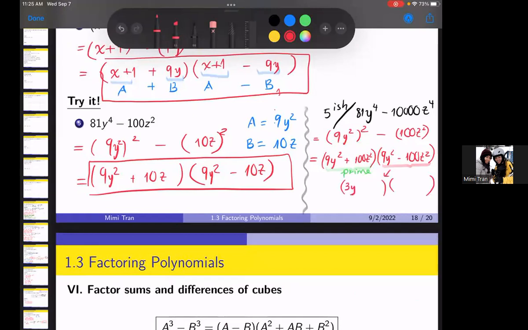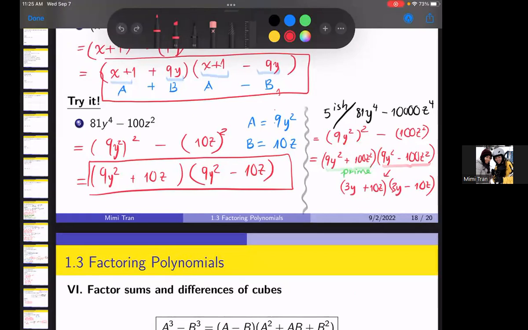Yeah, 3y. So A is 3y. What's B? Yeah, 10z. So 3y plus 10z, 3y minus 10z. Oops, no square. You can do one more step, like 3y square minus 10z square, and then have this step.